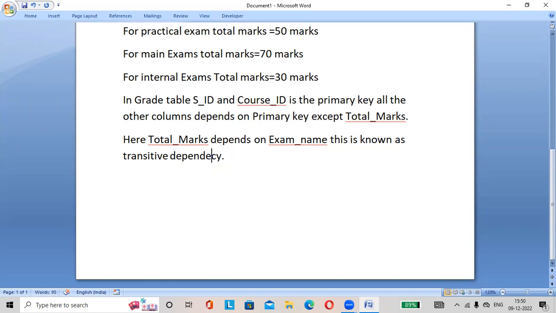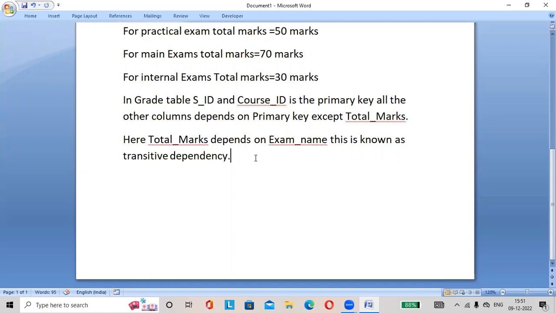We need to create one more table by the name exam table. We have to create one new table by the name exam table. There we need to specify exam name, exam ID, and total marks. Here we are storing more information and the table will be in the third normal form.